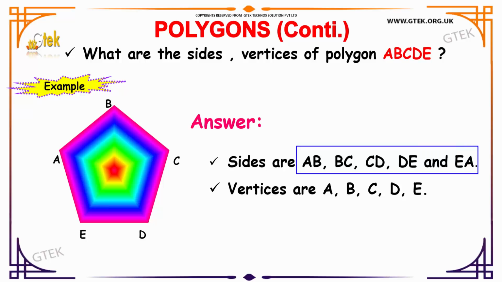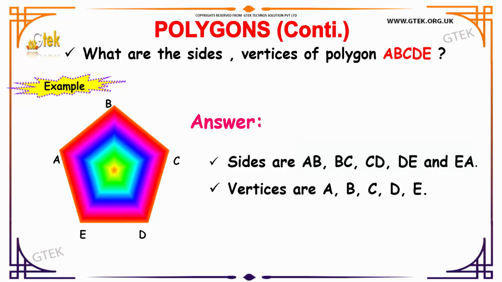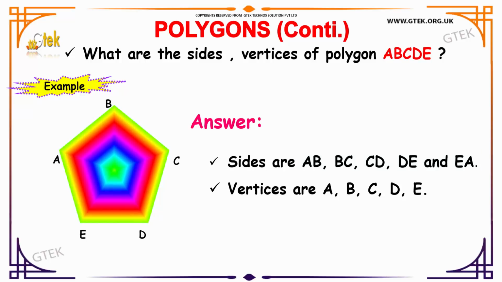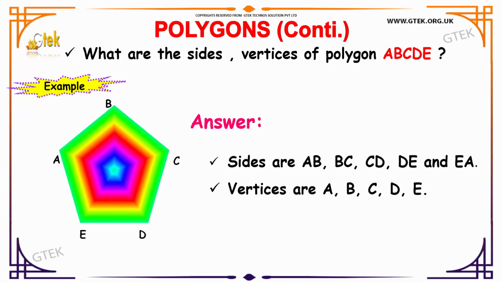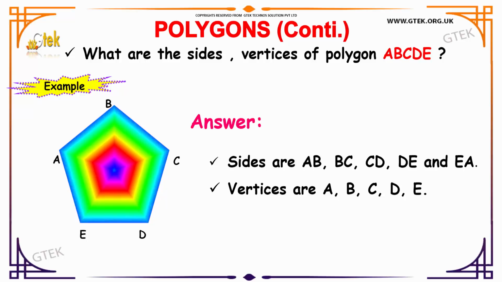So these are the sides of the polygon given here. Whereas the vertices are A, B, C, D and E. So these are the vertices of the polygon ABCDE.